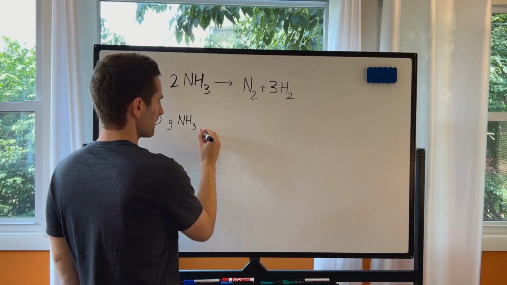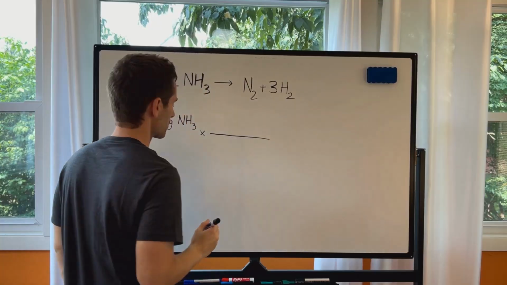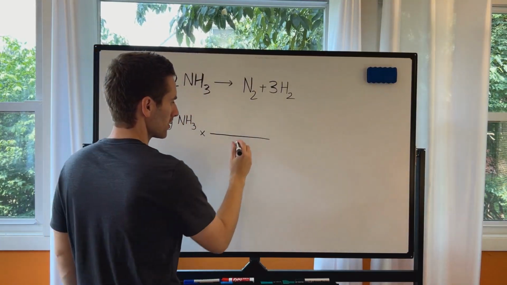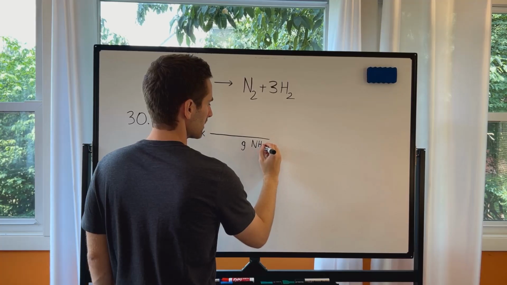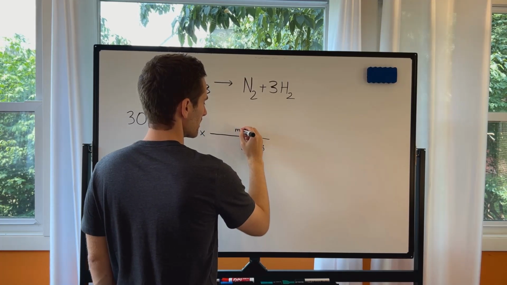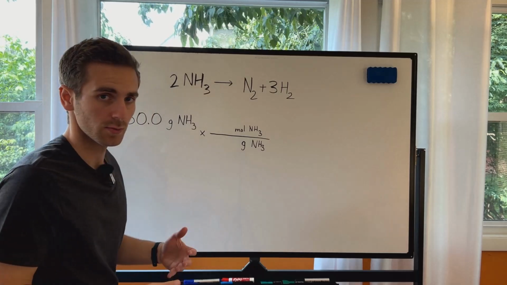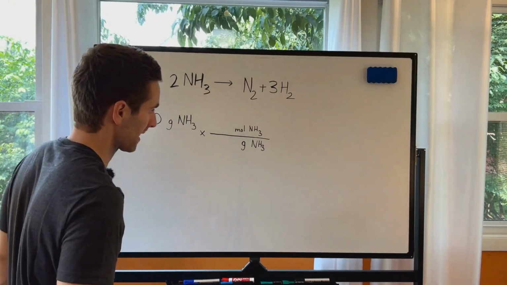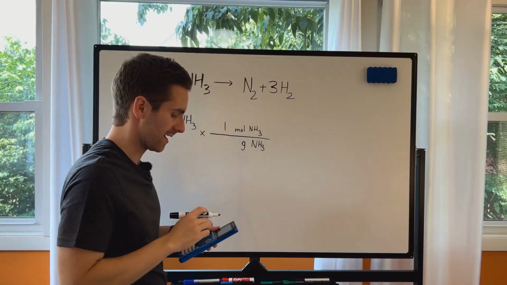Now we've already covered how to do this type of conversion, grams to moles. We're going to put grams on the bottom, moles on top, and then we use the molar mass. The molar mass tells us how many grams are in 1 mole of that substance.